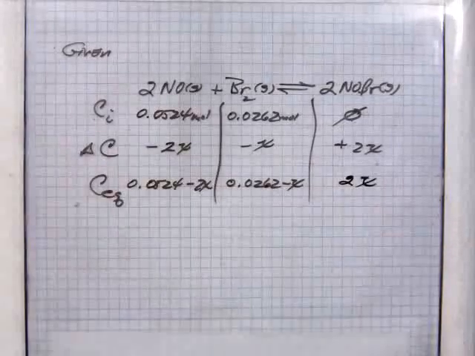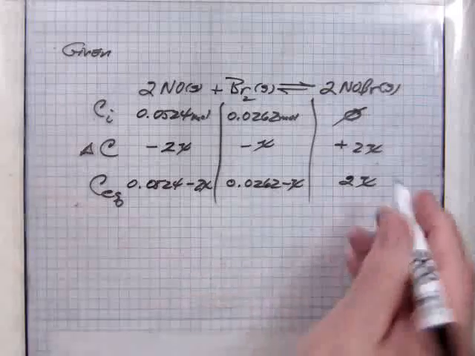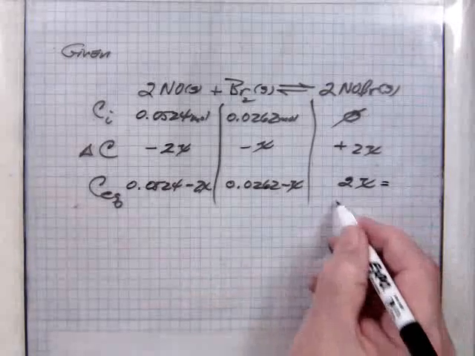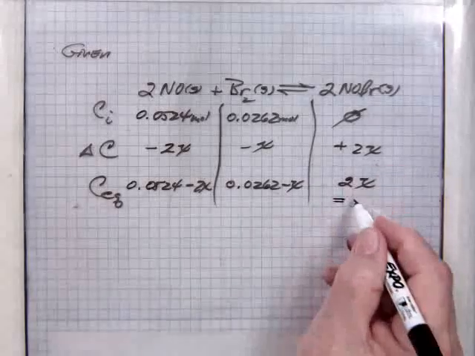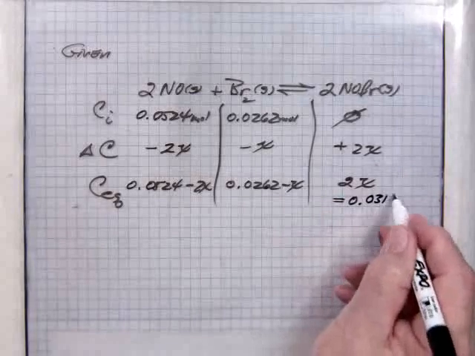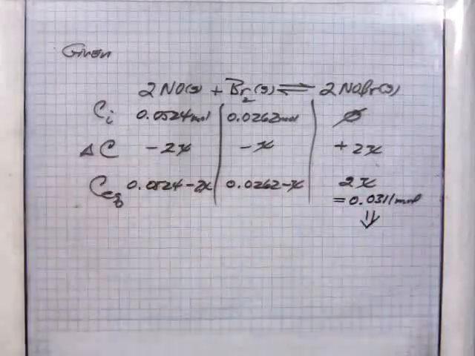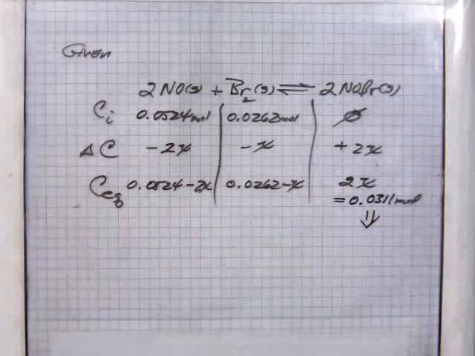Now, they go on to give us an equilibrium mixture that contains 0.0311 mole of NOBr. So this is equal to 0.0311 mole. And from this we can get X and apply it to the other two in that table and find out what the other concentrations are, or what are the other mass values.